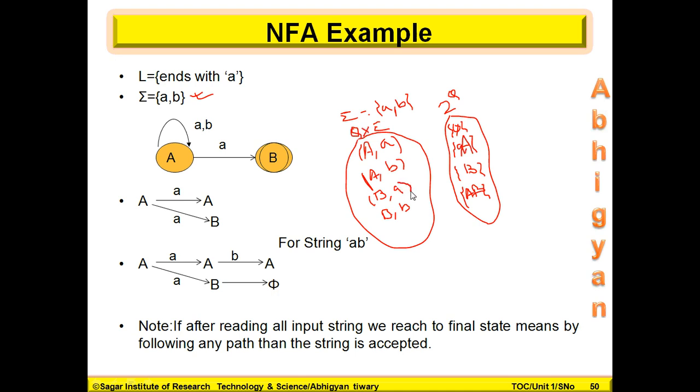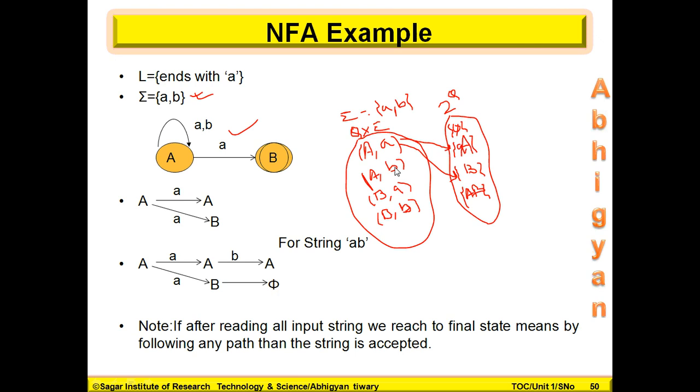So we have a state and an input. For state A with input A, where can we go? From this diagram, we can move to B itself, and we can move to A also.